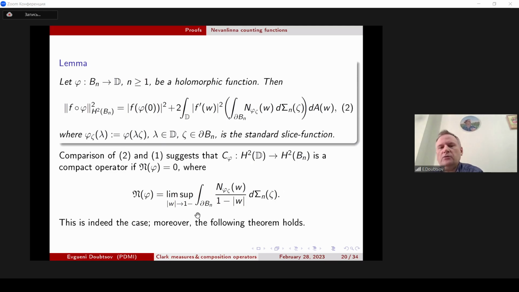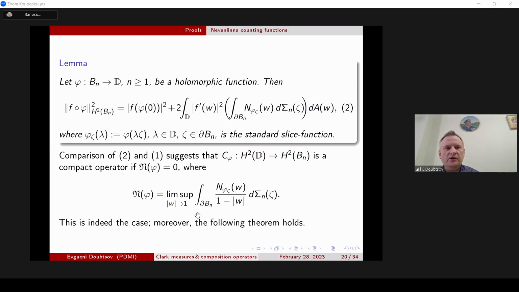If n is equal to 1, then there is no integral over the sphere dBn. This is just the Nevanlinna counting function. If we have several variables, then this additional integral appears. This is a technical moment, but to explain this point, we have a unit ball, which is a standard object.